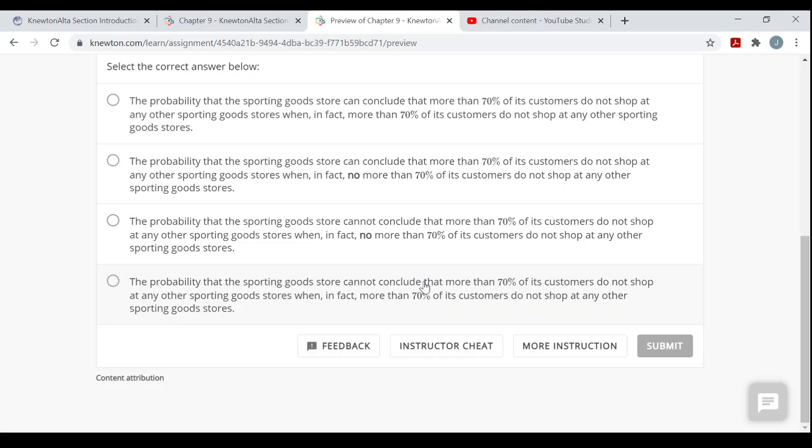You conclude the alternate hypothesis, but you shouldn't have. But wait a minute, this is saying, in fact, more than 70%. Yeah, right. Because they're saying here the alternate is true. They should have concluded the alternate, but they didn't. They concluded the null, but they shouldn't have concluded the null.